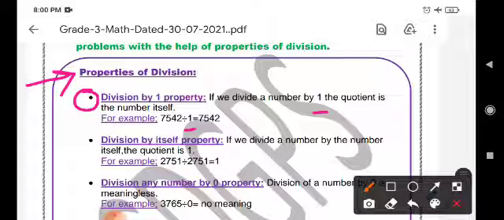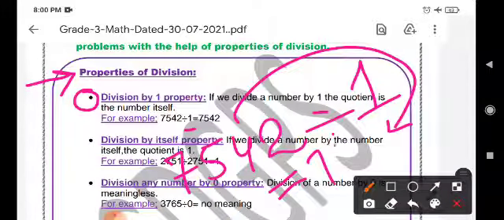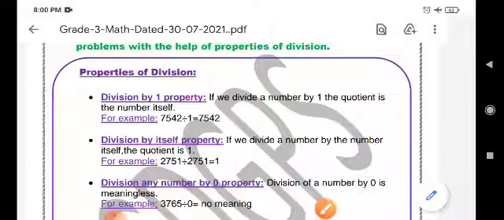For example, if we have the number 7,542 and we divide it by 1, the quotient is the number itself, 7,542. Okay, this was regarding division by 1 property.